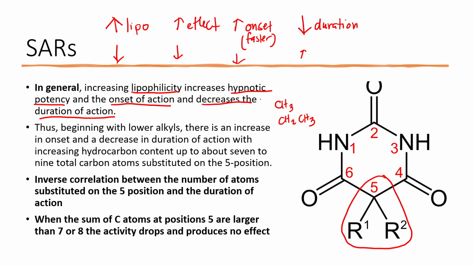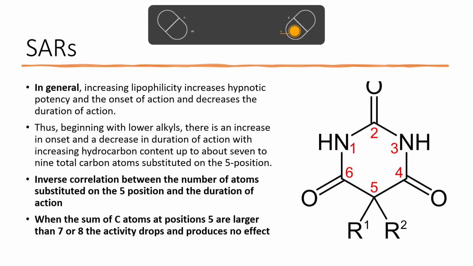However, there is a limit. You can add 2 chains of hydrocarbons at 5. If the sum of the total carbon atoms surpasses 7 or 8, the activity drops and produces no effect.